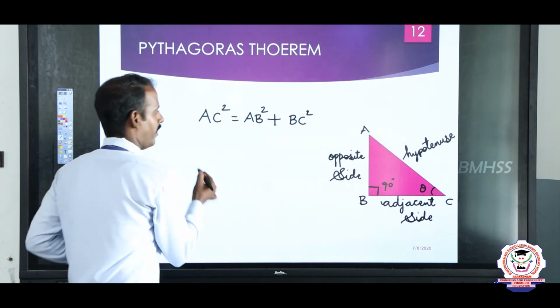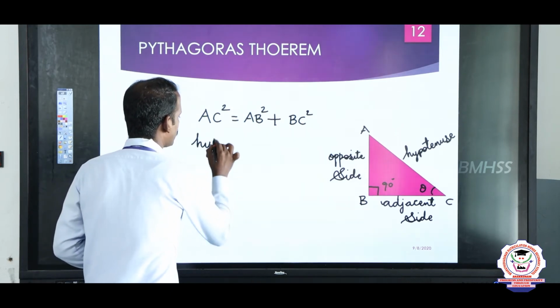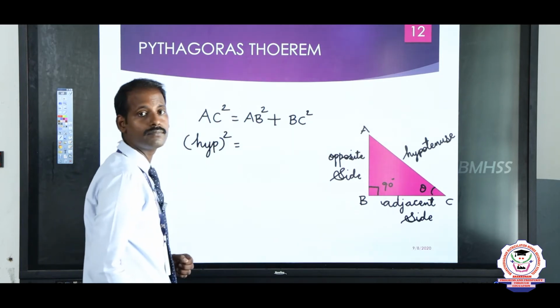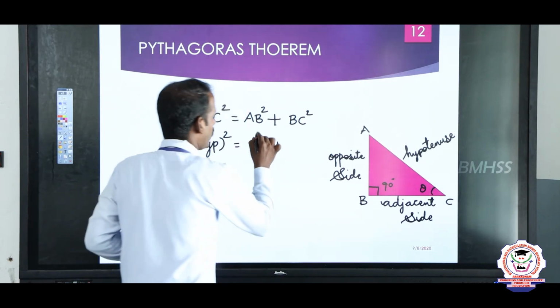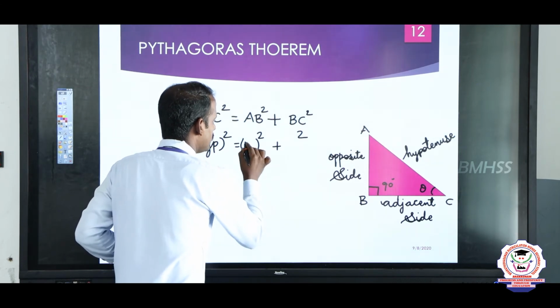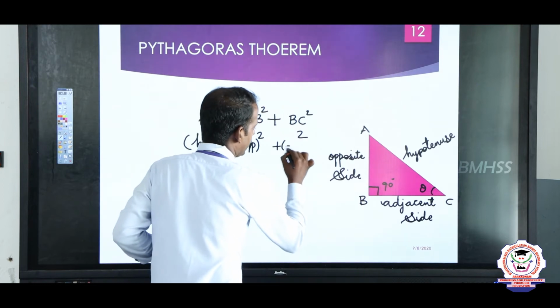Then I will explain it another way. The square of the hypotenuse is equal to the sum of the squares of the remaining sides, one the opposite side and the other the adjacent side.